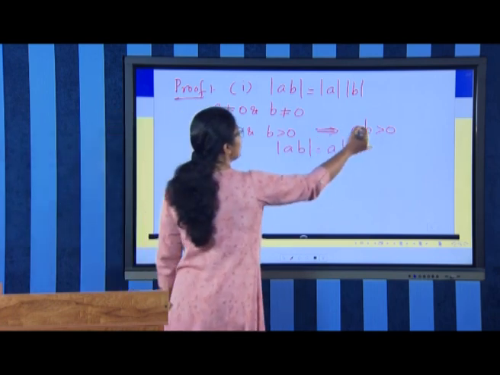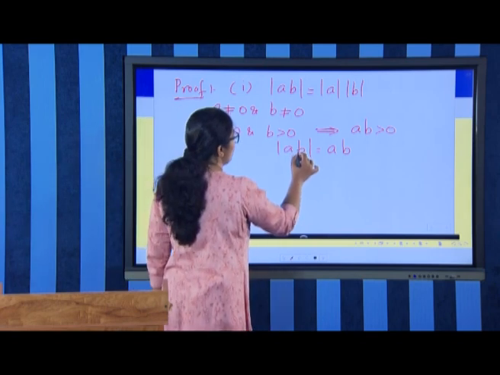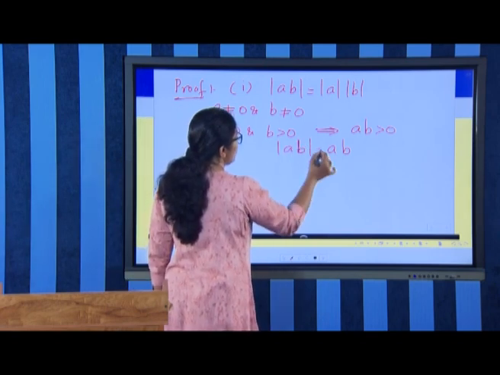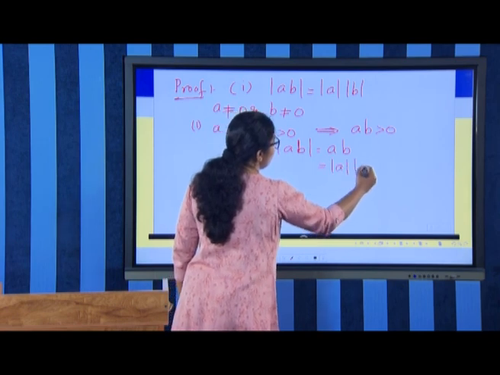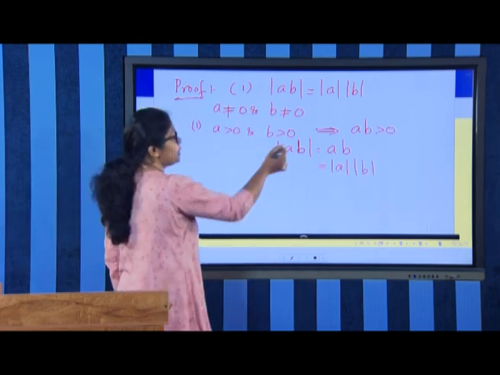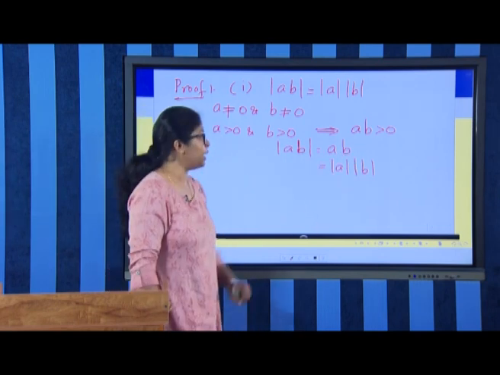So, AB is greater than 0. So, by the definition of modulus, we have mod AB is equal to AB. So, this is equal to mod A into mod B, because both are greater than 0. Mod A is nothing but A, mod B is nothing but B.